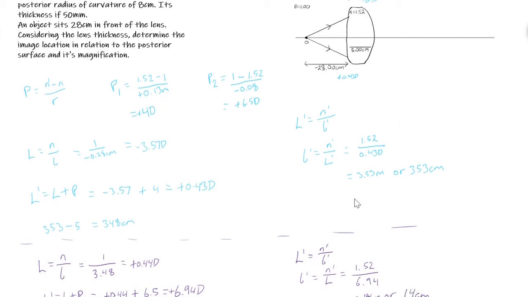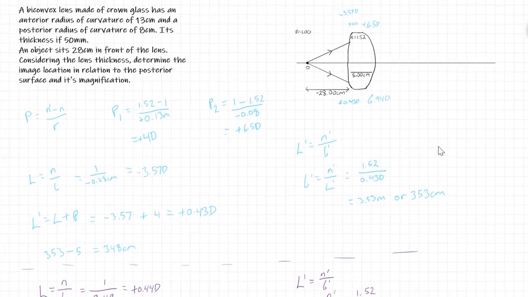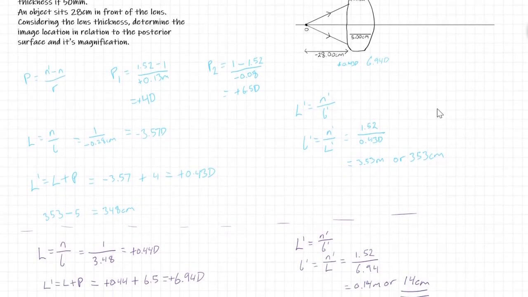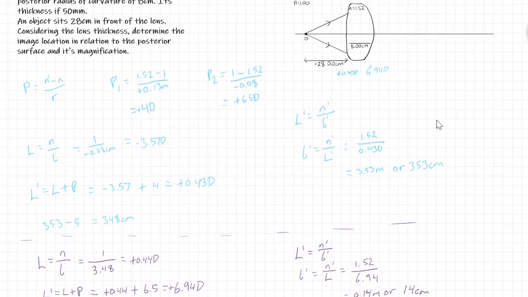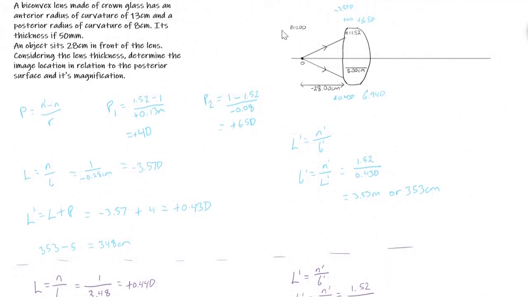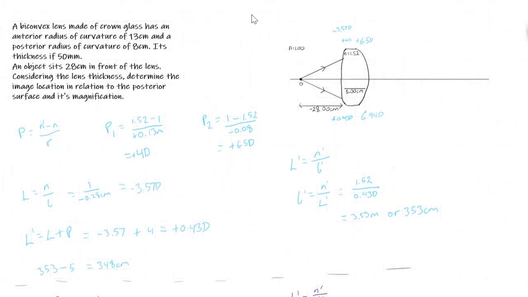And lastly, let's just plug in these values quickly here. The image divergence for that was 6.94 diopters. We can place that over here. And also above here, we can write in our object divergence, which was 0.44 diopters.